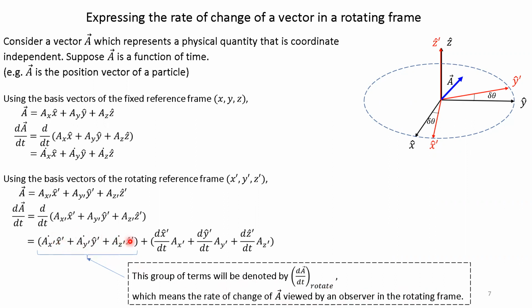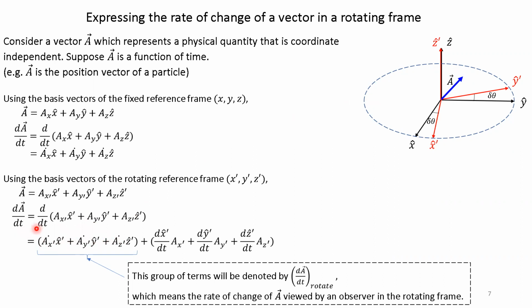If you imagine that you stand on the rotating frame and rotate in the same manner, then according to you, the red basis vectors are not changing as a function of time, because you are rotating in the same manner. But if the vector is indeed changing, you will still be able to notice that through these three derivatives.